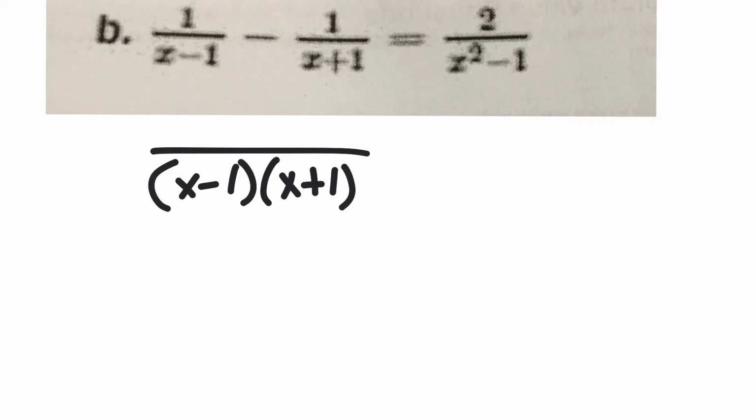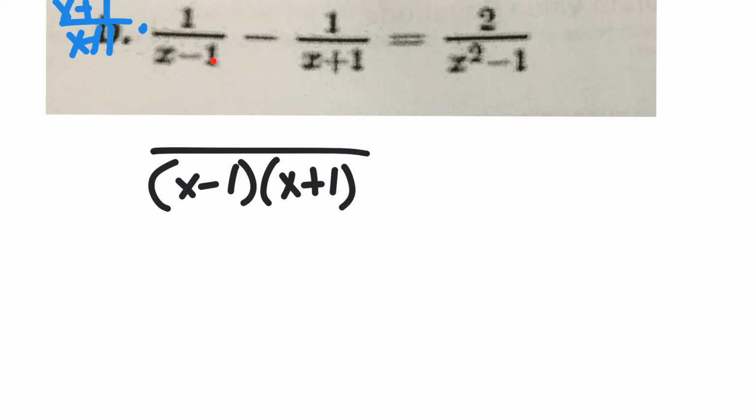Now we got to go back and ask ourselves a question. How could I get from x minus 1 to x minus 1 times x plus 1? Well, I would need to multiply this fraction by x plus 1 over x plus 1. So what is it I'm actually doing?